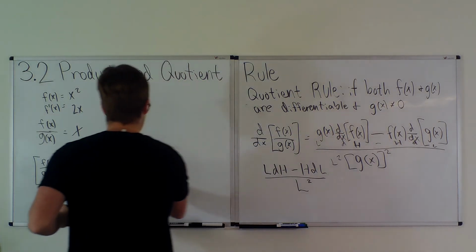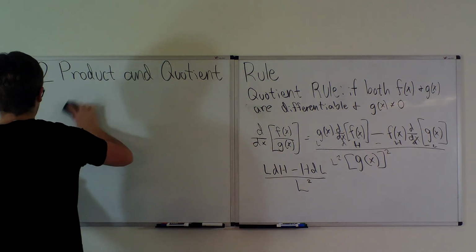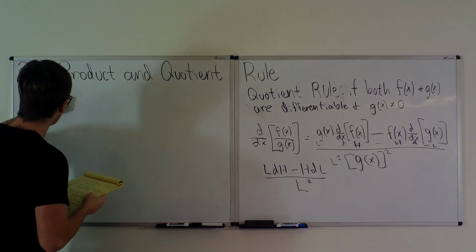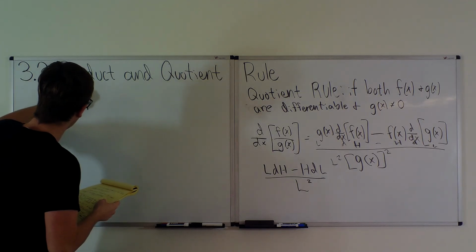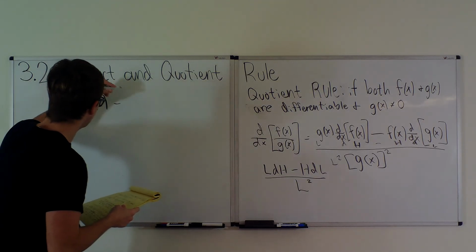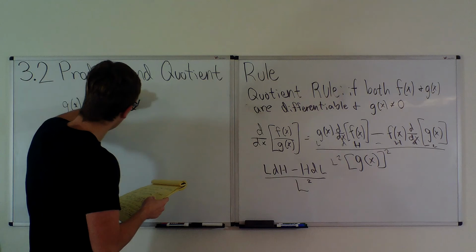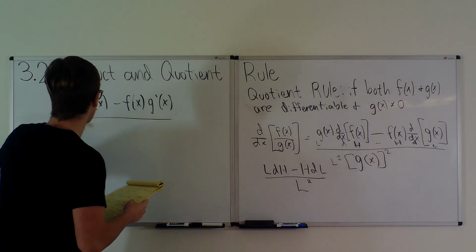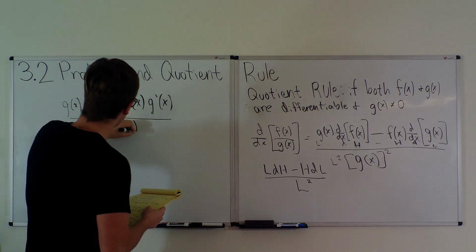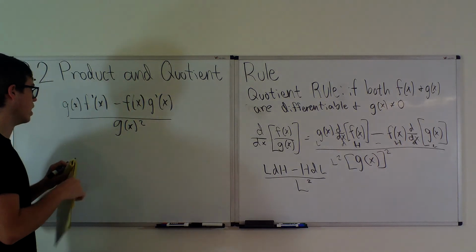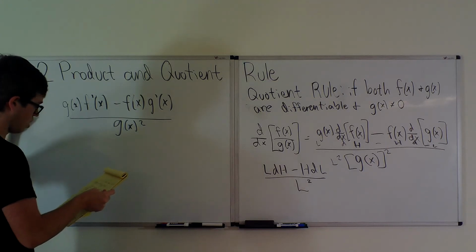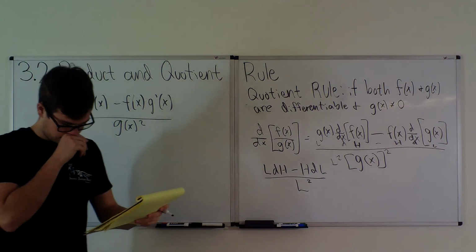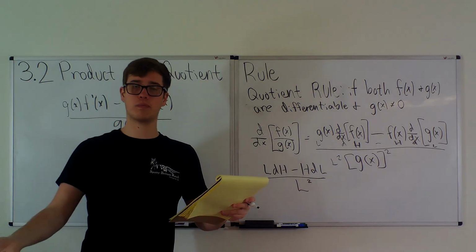You can also see it in this form, which is a little easier to digest because there's a lot less going on: g of x, f prime of x minus f of x, g prime of x, all divided by g of x squared. That gets rid of the d/dx's because those are kind of annoying, and that would be another way to look at the quotient rule.